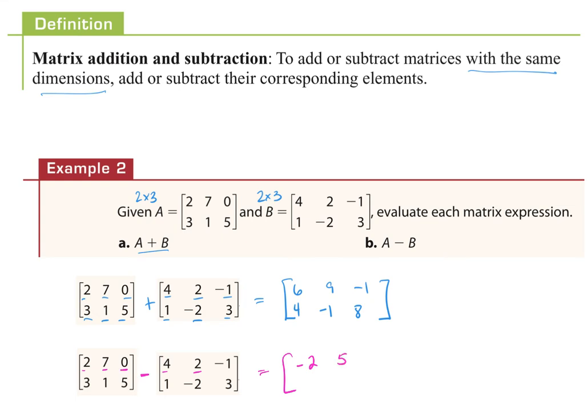This is 0 minus a -1. Minus a -1. So it's like +1, right? And then the rest of them, obviously, 3 minus 1, that's going to be 2. But then we have 1 minus a -2. So that's 1 plus 2, right? So just watch your positives and negatives when you're subtracting. Most of the time people are okay with adding, but when you're subtracting, you are subtracting a negative sometimes. And so make sure you pay attention to your rules there. But other than that, adding and subtracting is pretty straightforward.